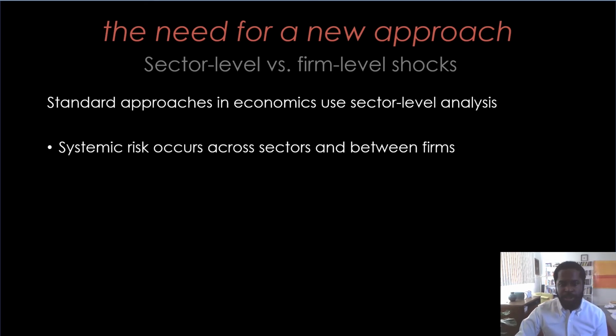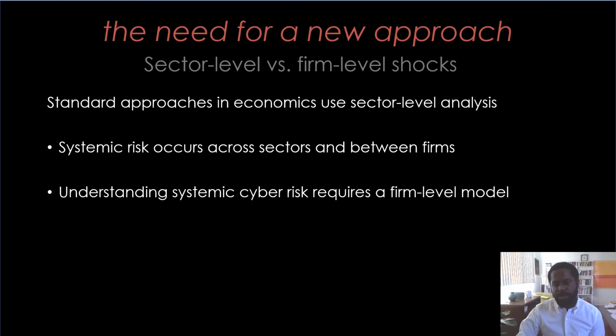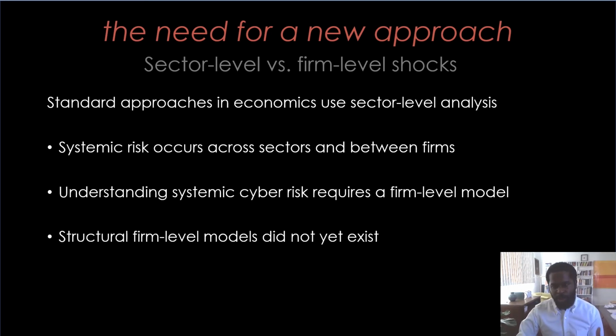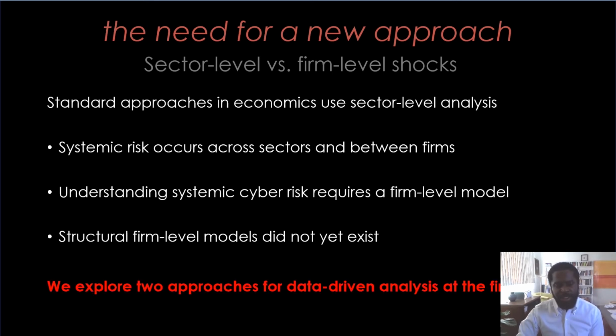So systemic risk occurs not just between sectors, but across sectors and between firms. Understanding systemic cyber risk requires this firm level data, but these structural firm level models did not exist in full due to data challenges. So we explored two approaches for data-driven analysis at the firm level to understand the potential impact that cyber attacks could have on the aggregate economy.